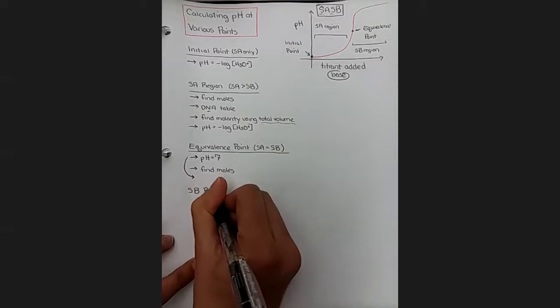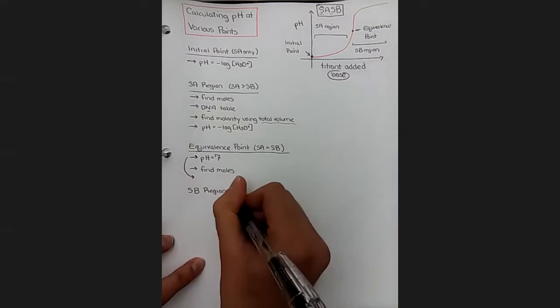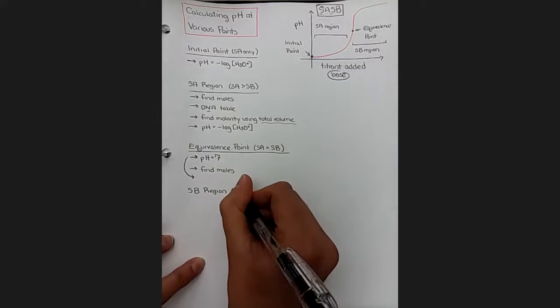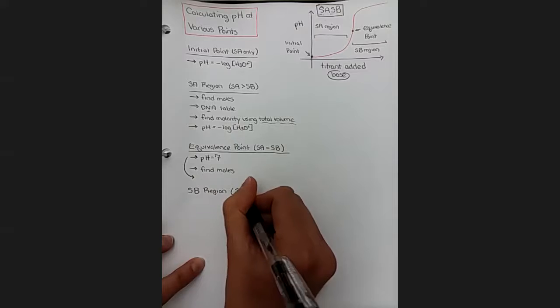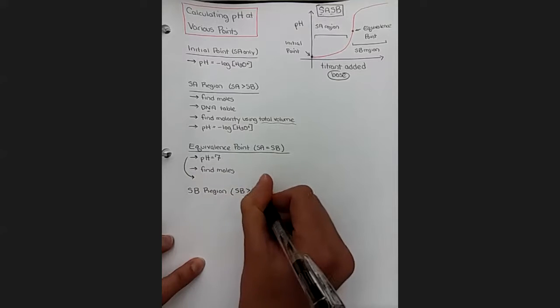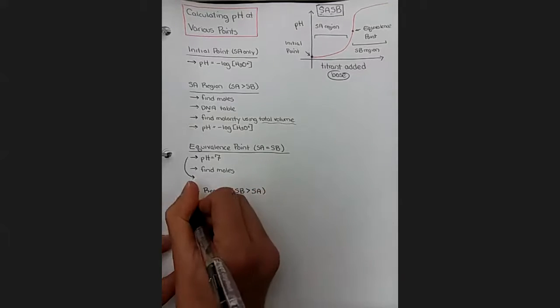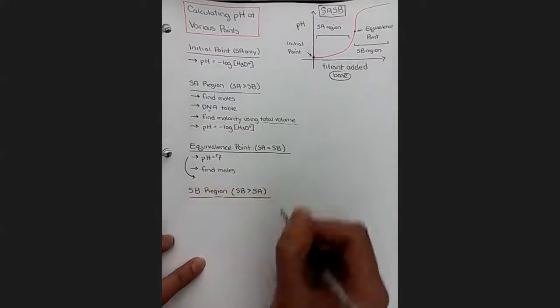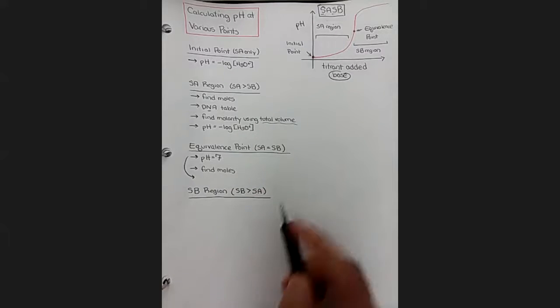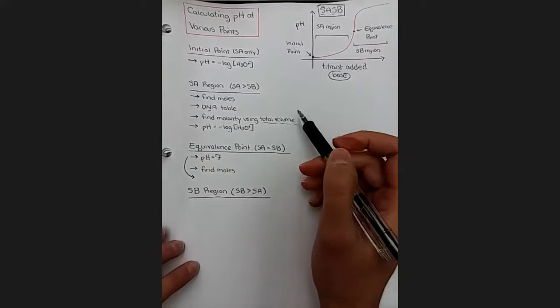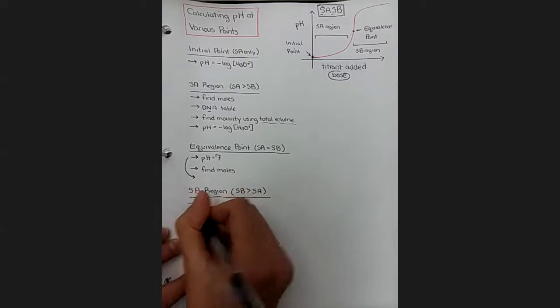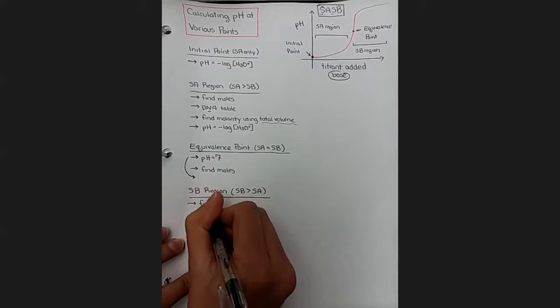And the final region of interest is the strong base region. And that's where we have more strong base than we do strong acid. So when we do that, it's going to look very similar to the strong acid region. We find the number of moles of each.